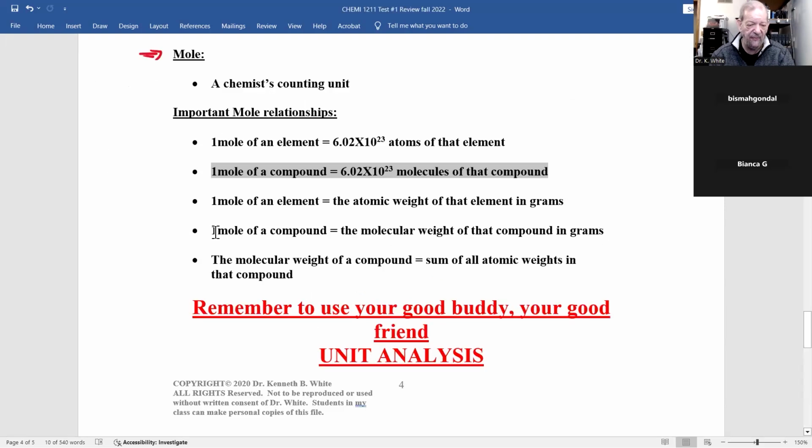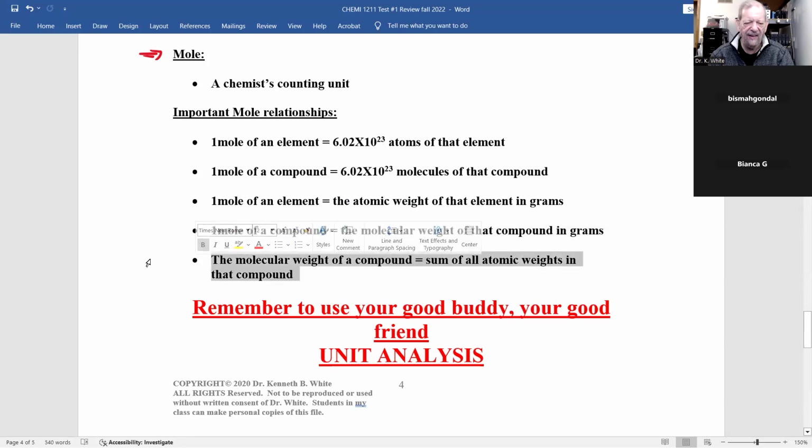Test number one: 1 mole of a compound equals that molecular weight in grams. And the molecular weight of a compound is the sum of all atomic weights. Again, the molecular weight of a compound is the sum of all atomic weights. So 1 mole of a compound equals the molecular weight, and the molecular weight is the sum of all atomic weights in that compound.